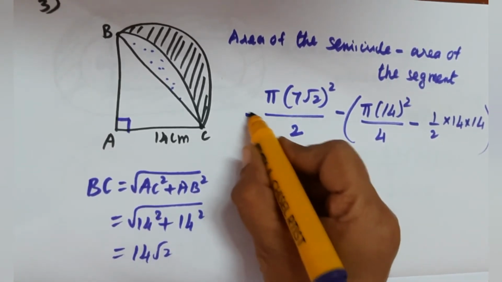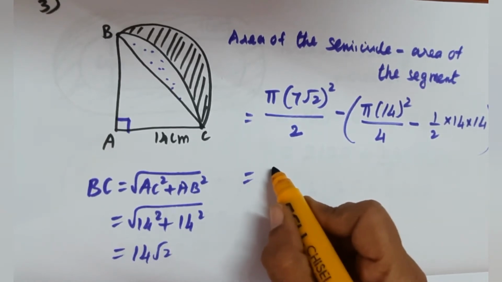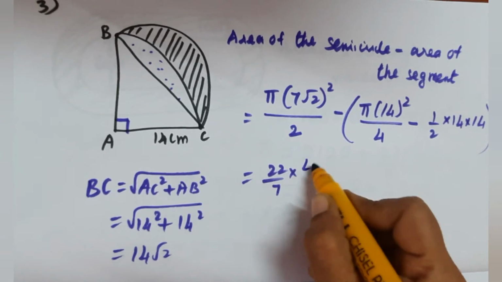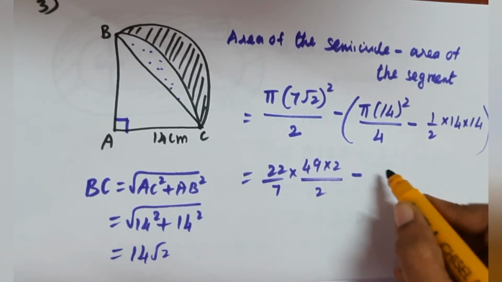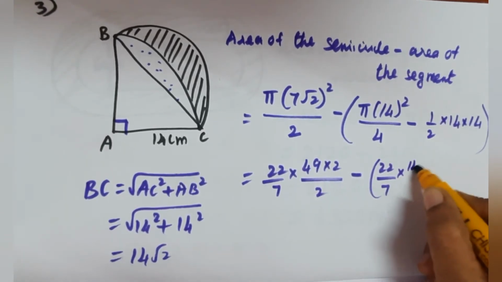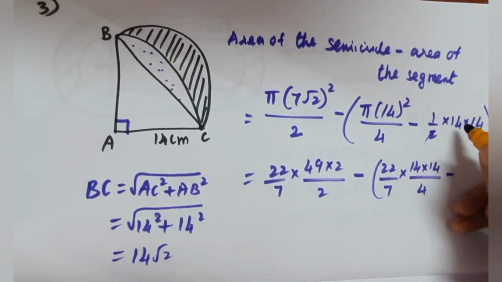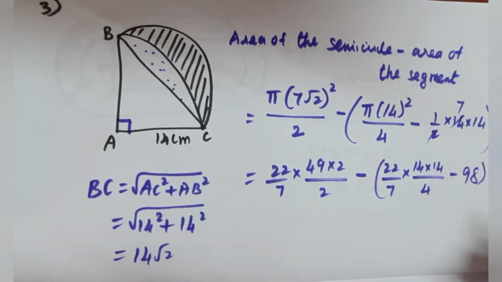So when we write the simplification, we are getting 22 by 7 into 49 into 2 by 2 minus 22 by 7 into 14 into 14 by 4 minus 98.